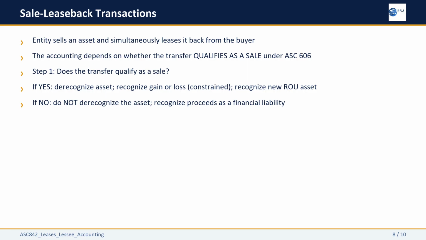But here is the constraint: you do not recognize the full gain immediately. The portion of the gain that relates to the right you retained through the leaseback is deferred. If the transfer fails the sale test, keep the asset on your books, recognize the proceeds as a financial liability, and treat the leaseback payments as interest and principal on that liability. No ROU asset is recognized.